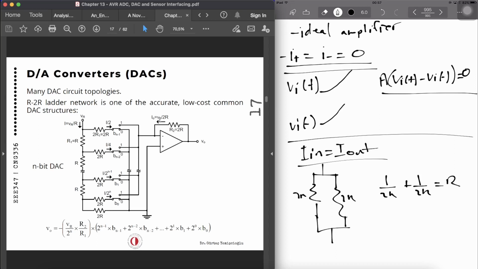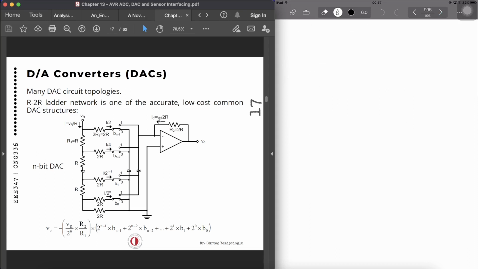We can actually come up with a voltage in terms of VR and the resistor values. So if we rewrite the formula, we can get V out as minus I over 2 to the n multiplied by R2. Now this is my output voltage.